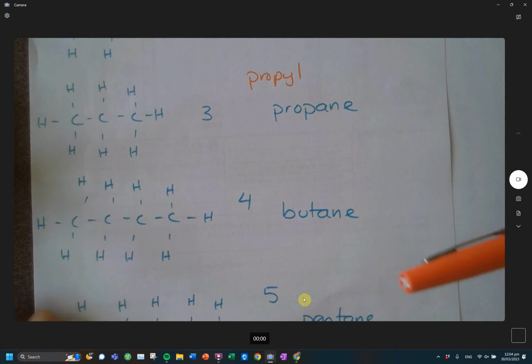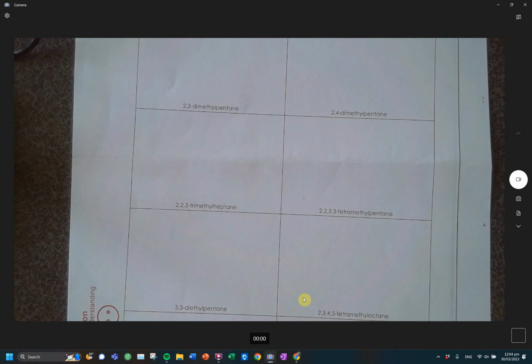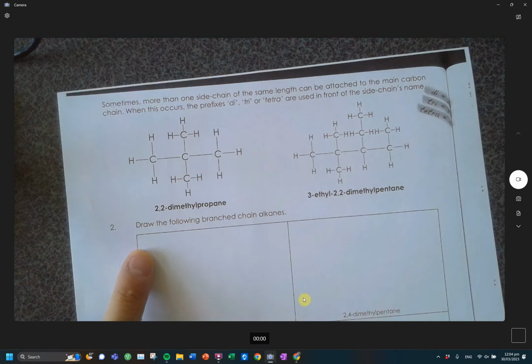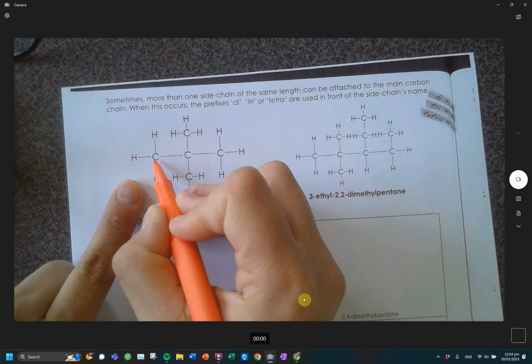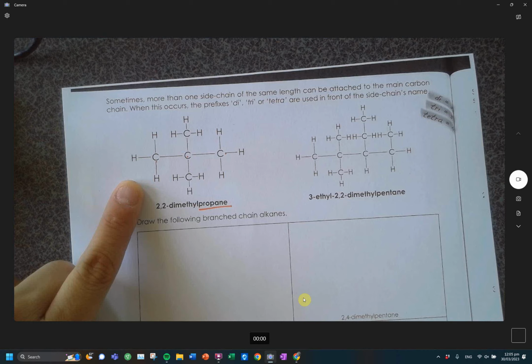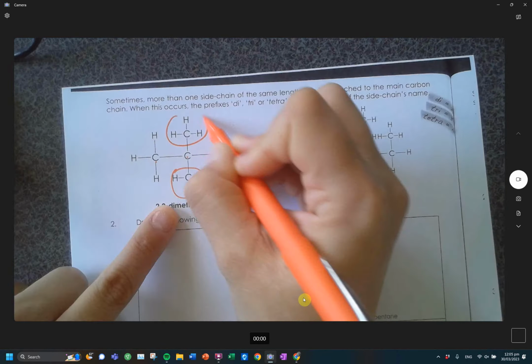The other thing to keep in mind about side chains is that we could have multiple of them. So, for example, with this guy here, my longest chain is 1, 2, 3, propane. So that's where that's coming from. And then I have 2 branches coming off.